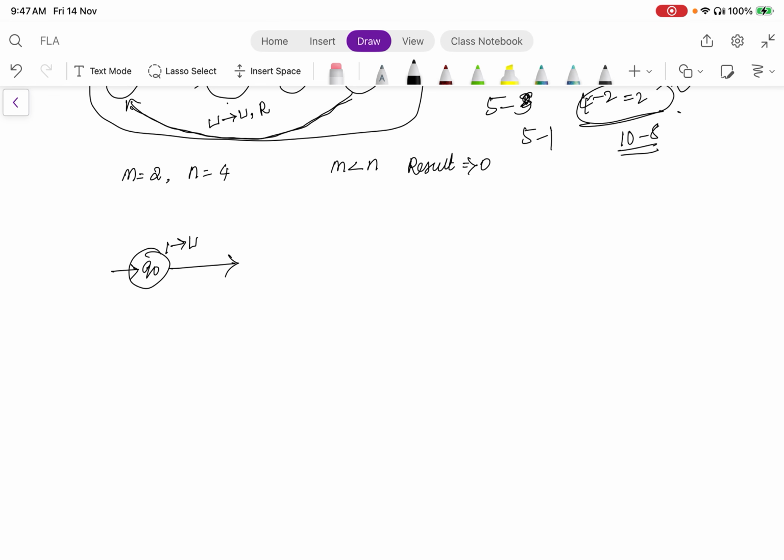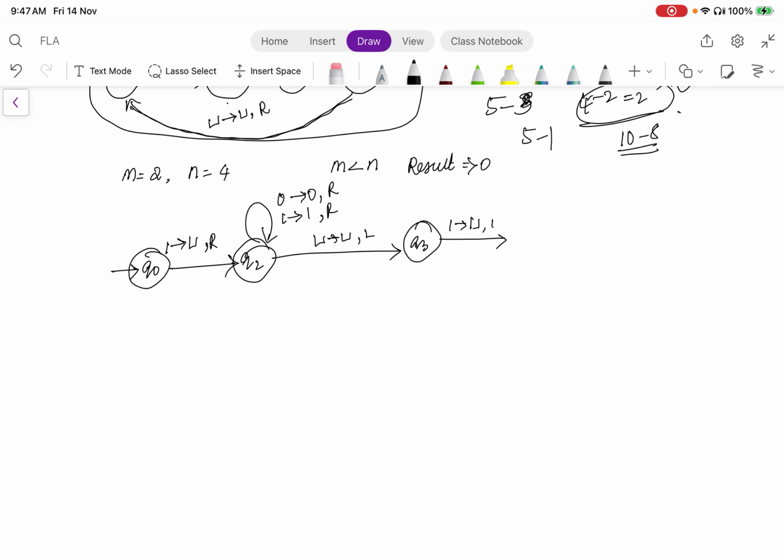So everything is same. 1 to 1, R, blank space to blank space, L, Q3. Okay. So there's no foundation. Q3, 1 to 1, blank space left.